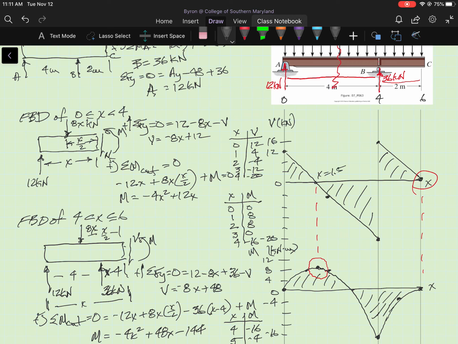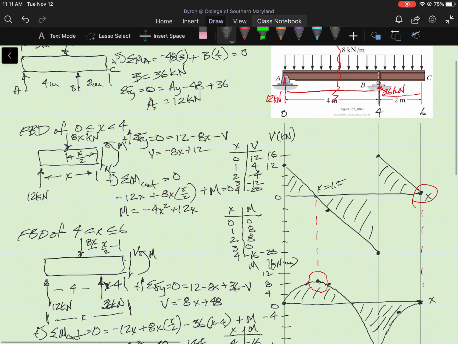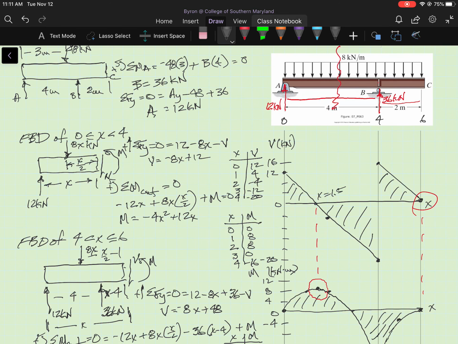And let's look at one more thing here. Let's look at the relation between distributed load and shear. We said in the lecture that the slope of the shear diagram is equal to the distributed load intensity. So if I move up a little bit here, the slope of both of the shear curves is -8. Okay.